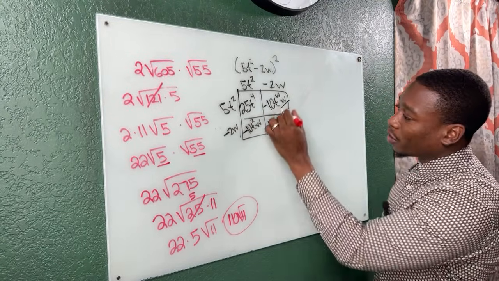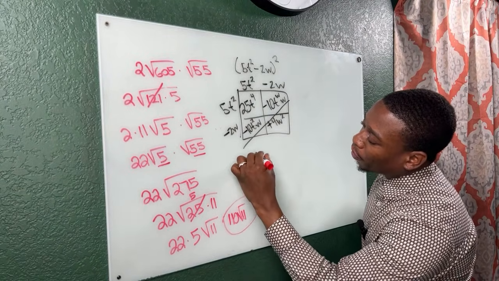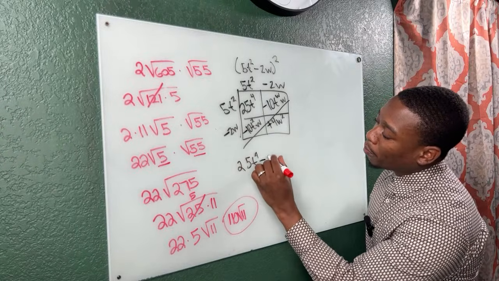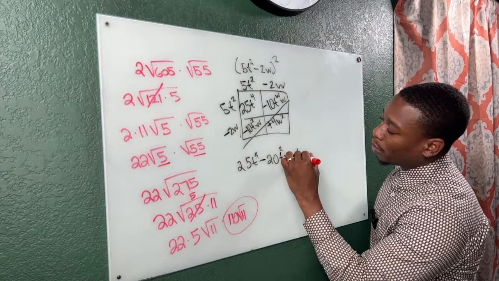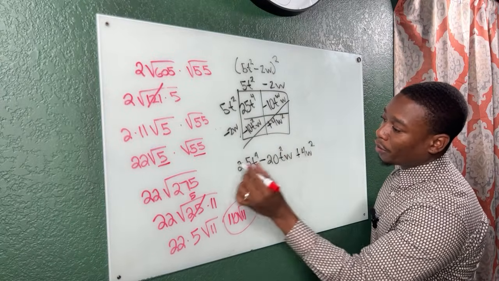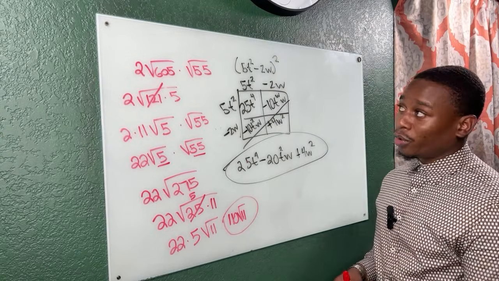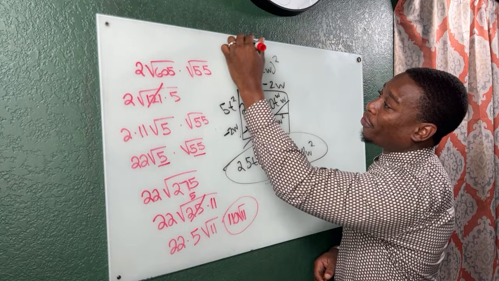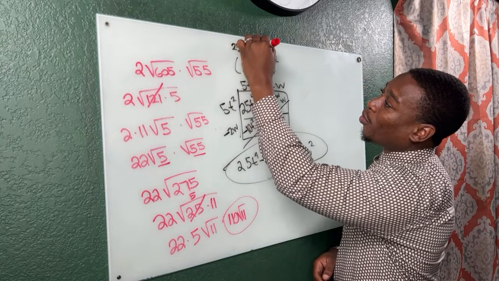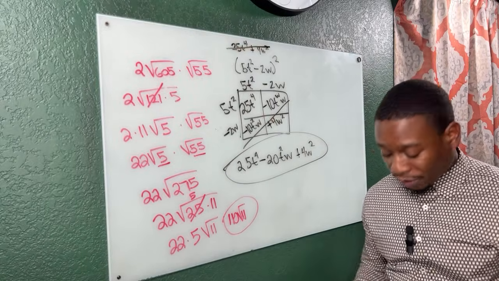You always know like terms run diagonal. 25t to the fourth stays the same, minus 20t squared w plus 4w squared. So please make sure you expand your binomial. We are not just squaring the first term to get 25t to the fourth plus 4w squared. That's only if we have the difference of squares.